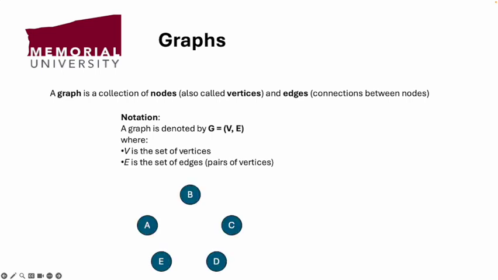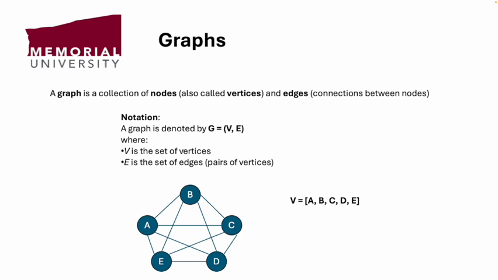For example, if we talk about the vertices, in this case they are A, B, C, D, E. So that's the vertices. Now we describe the edges. For example, they're all linked together.